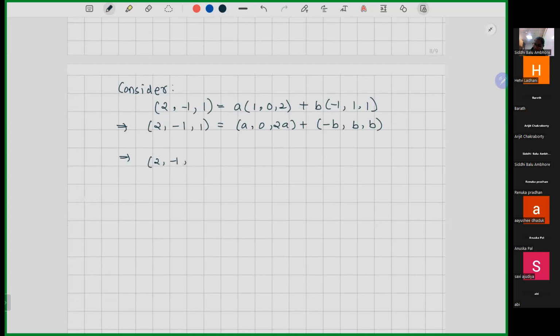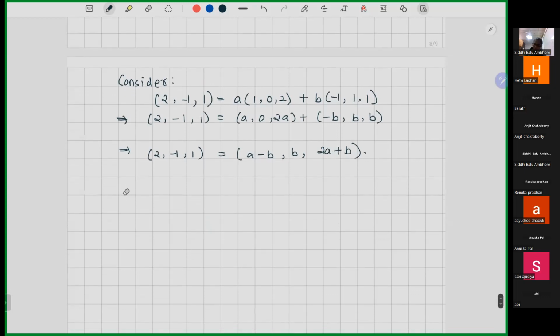(2, -1, 1) is equal to (a - b, b, 2a + b). So let us compare both sides.